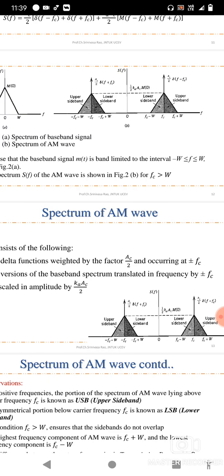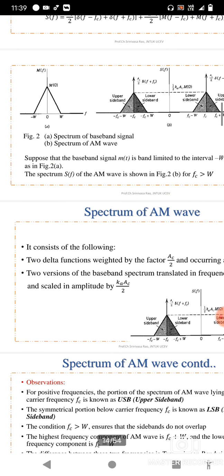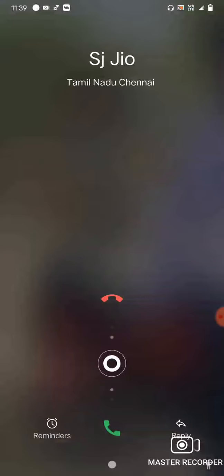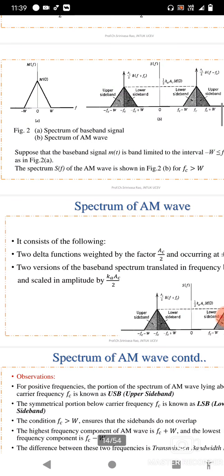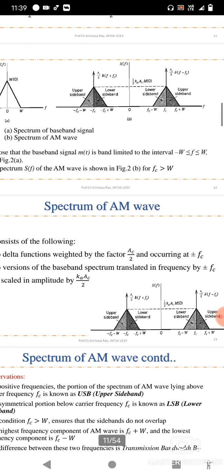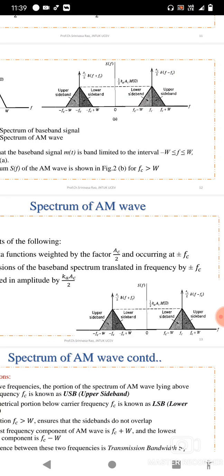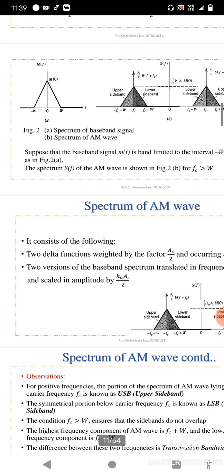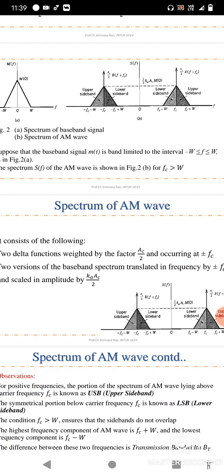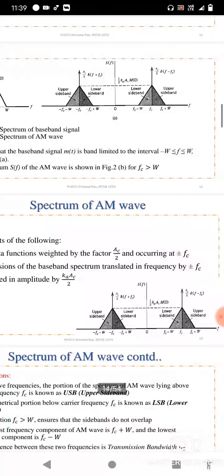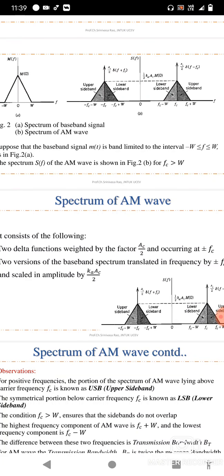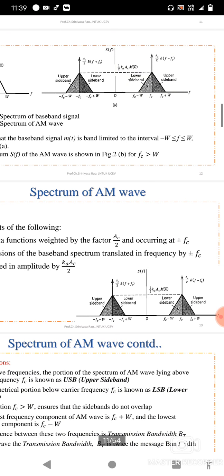And two versions of the baseband spectrum translated in frequency by plus or minus fc and scaled in amplitude by Ka into Ac by 2. That is, the baseband spectrum is translated by plus or minus fc and multiplied by 1 by 2 Ka Ac. So this is the amplitude modulated wave frequency spectrum, right?